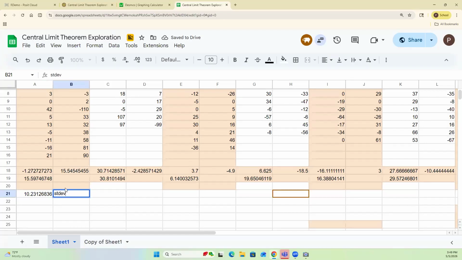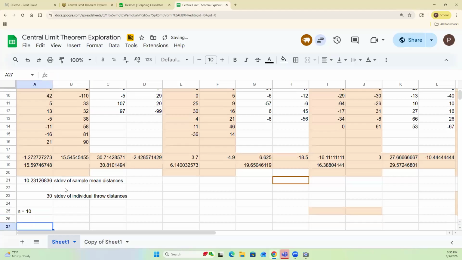So the standard deviation of the sample mean distances was 10.23, compared to 30 as the standard deviation of individual throw distances. And the average sample size was about 10. So just for fun, let's do 30 divided by the square root of 10.